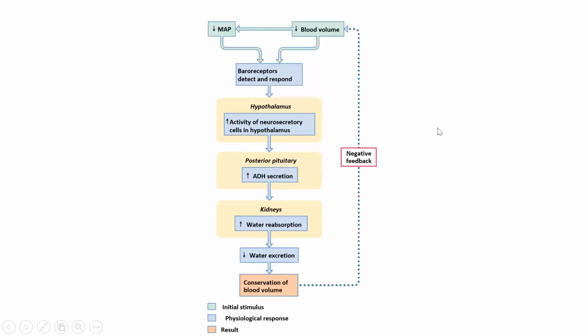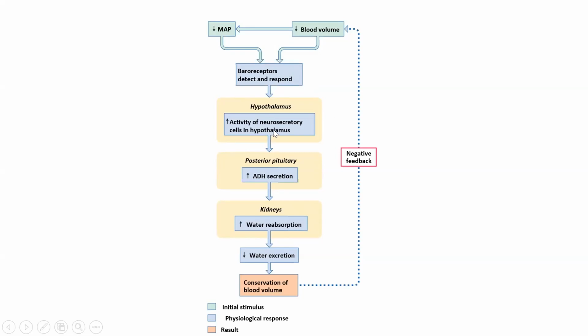All right, and then this other flow chart here is showing how the baroreceptors are also playing a part in this. So a drop in mean arterial pressure, a drop in blood volume, which are the stimuli of hemorrhage or dehydration, will decrease our baroreceptor activity.